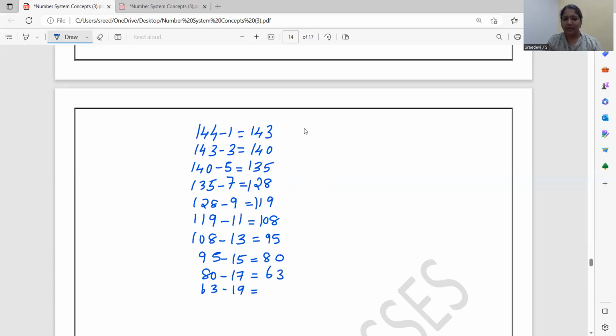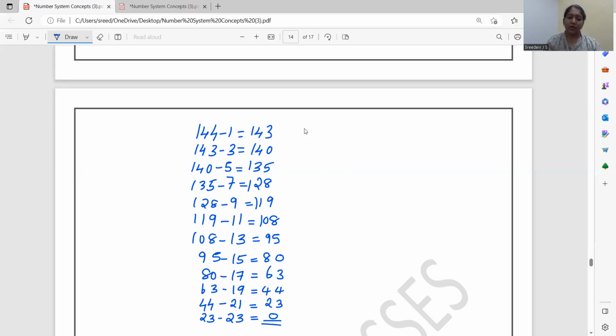We'll be getting 44. 44 minus the next odd number, 21. So we'll be getting 23, right? Then 23 minus 23, so we'll be getting 0.